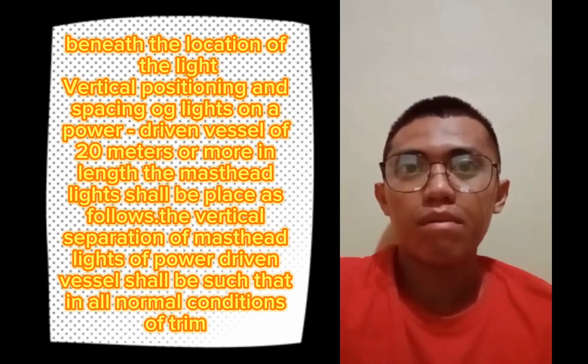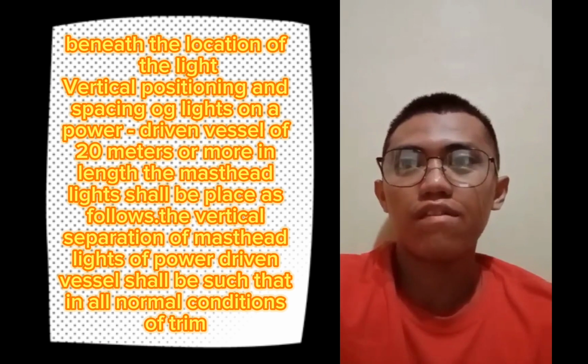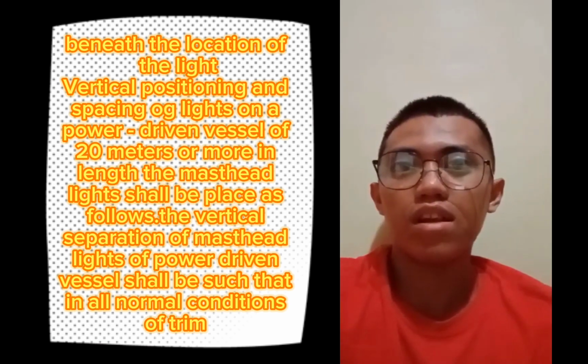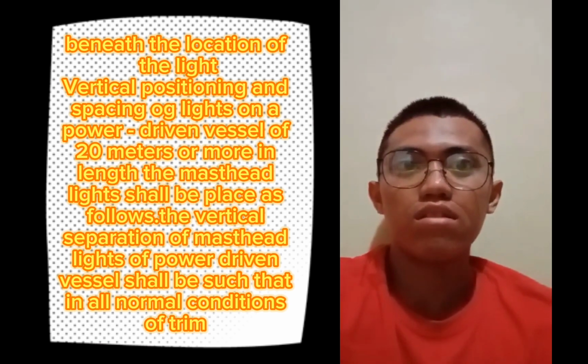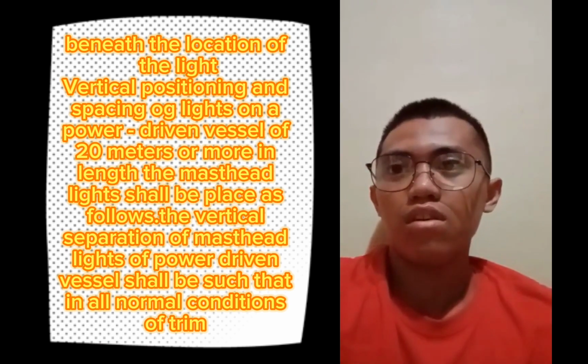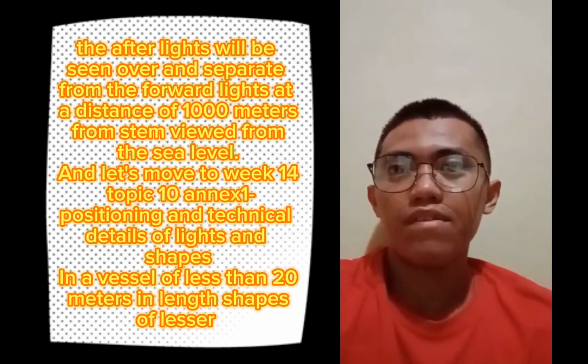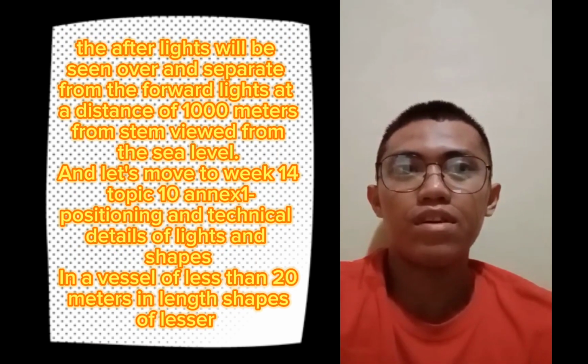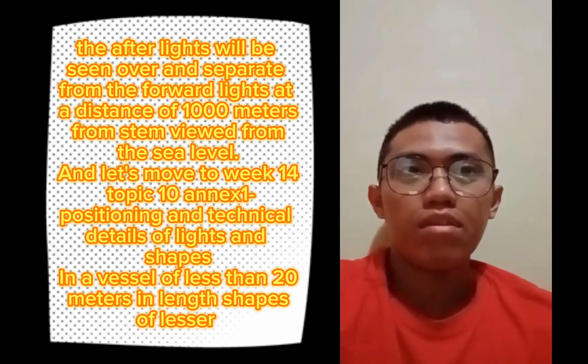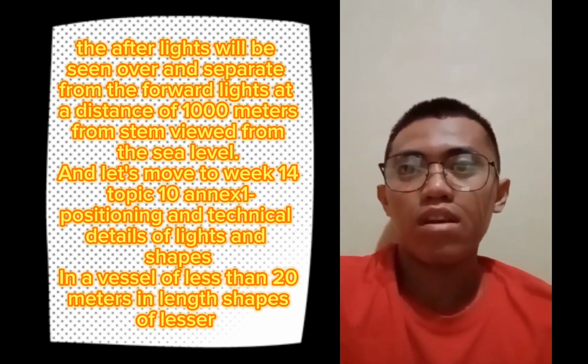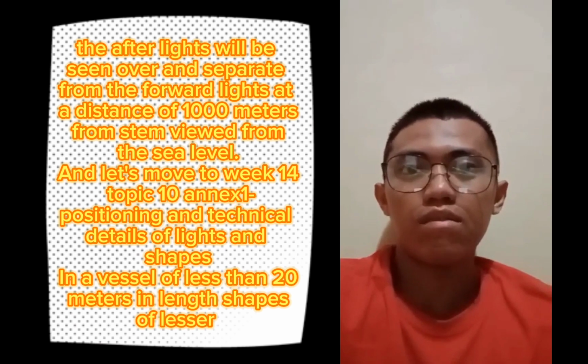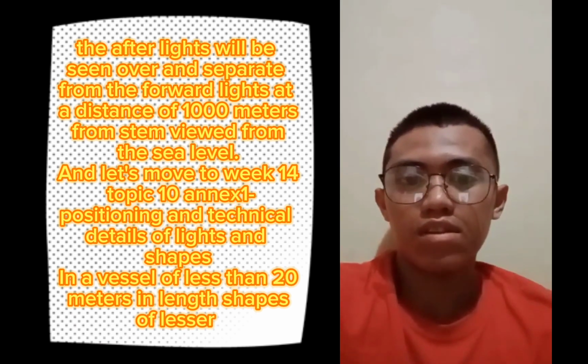The vertical separation of masthead lights of the power-driven vessel shall be such that in all normal conditions of trim, the after lights will be seen over and separate from the forward lights at a distance of 1000 meters from the stem when viewed from sea level.